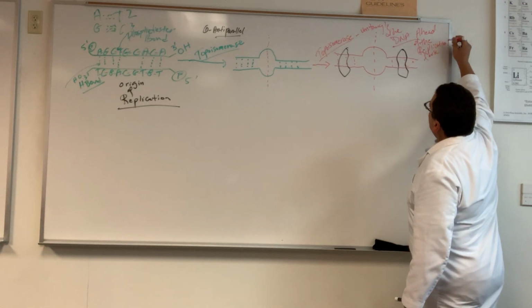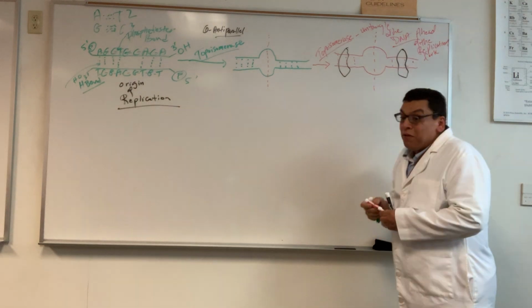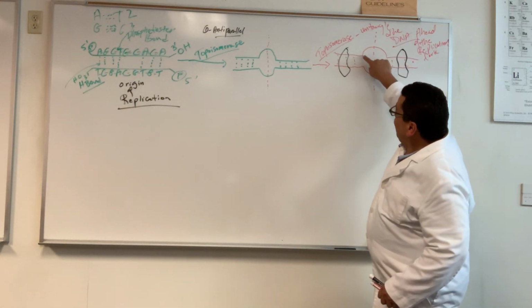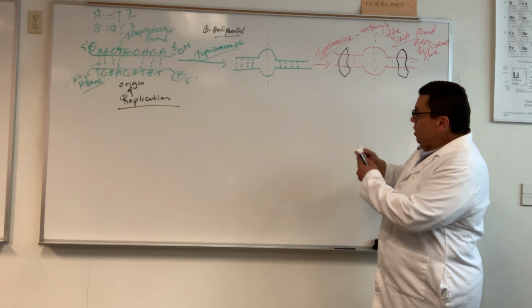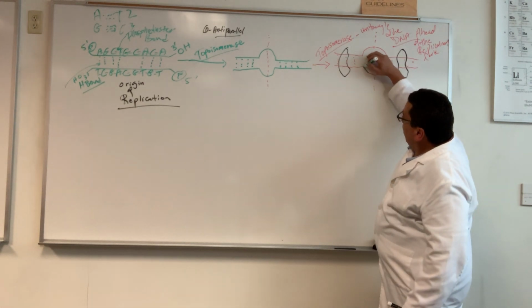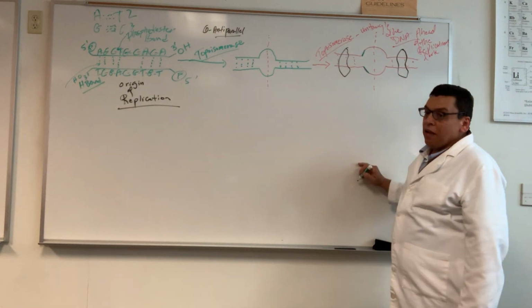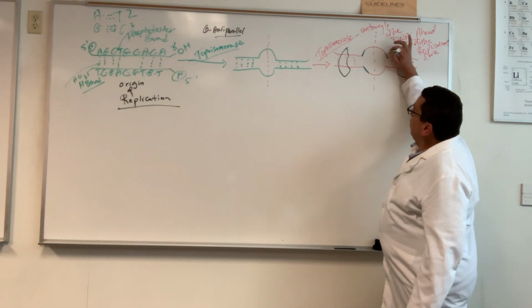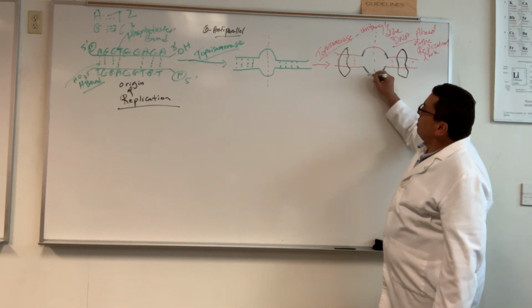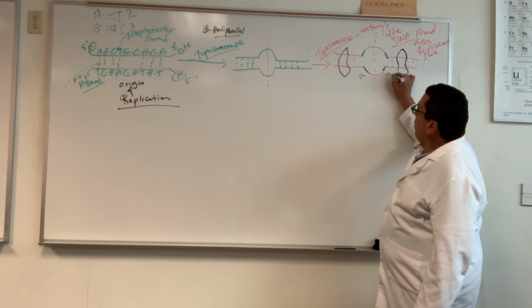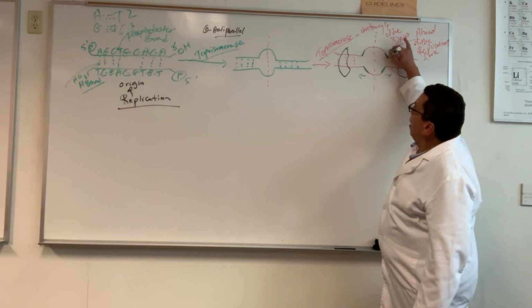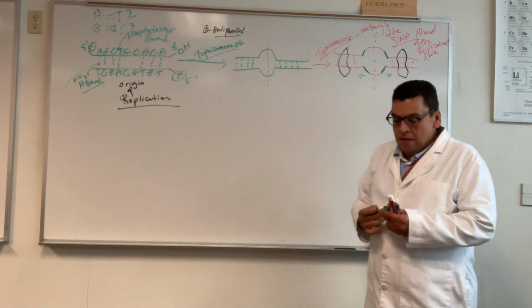Now, what's the replication fork? It's this part right here. Let me highlight it for you. That's the replication fork. That means this is the other replication fork. This replication fork is going this way. This replication fork is going that way. Opposite directions of each other.